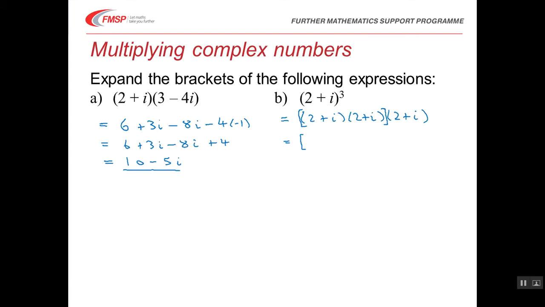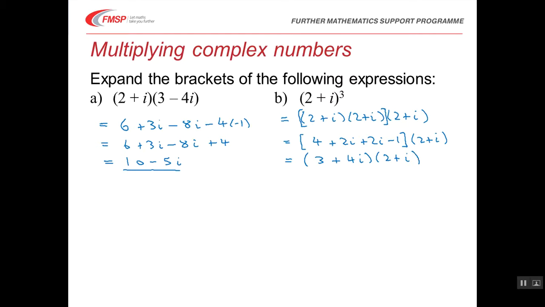So we've got 2 times 2 is 4, we've got 2 times i, we've got another 2 times i, and we've got i squared, which is minus 1. And before I multiply by the third bracket, I'm just going to collect terms together. So there's a real 4 minus 1 is 3, and the imaginary 2i plus 2i is 4i.